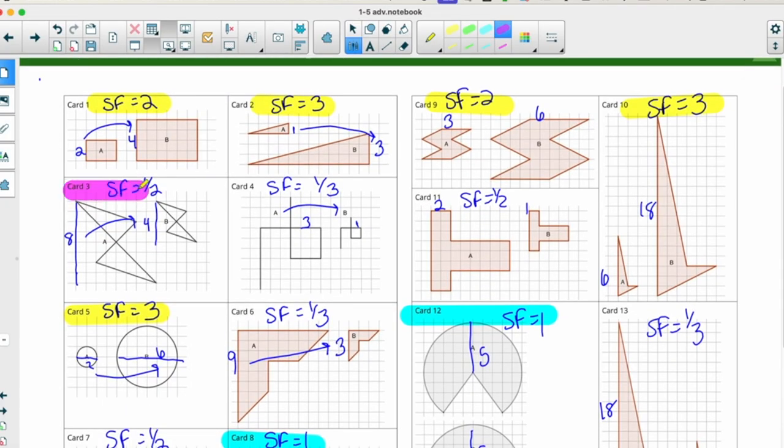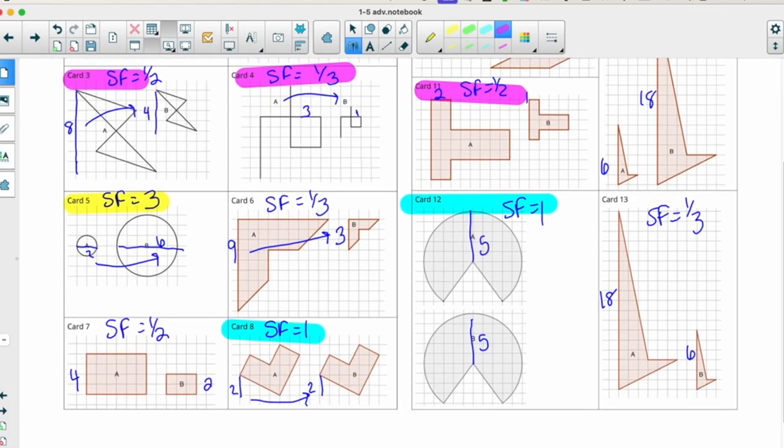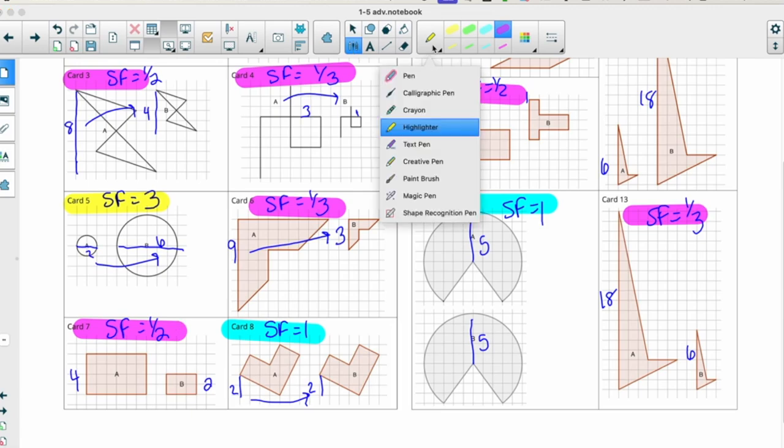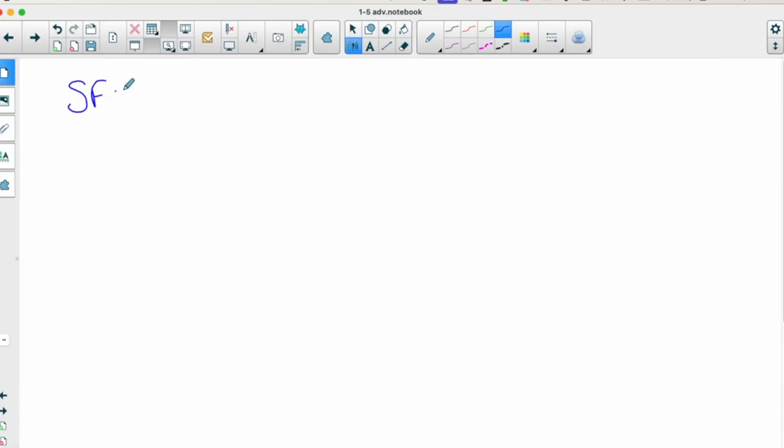And then the remaining cards had shape B smaller than shape A, and the scale factor is smaller than 1. So when the scale factor equals 1, the copy is the same size.